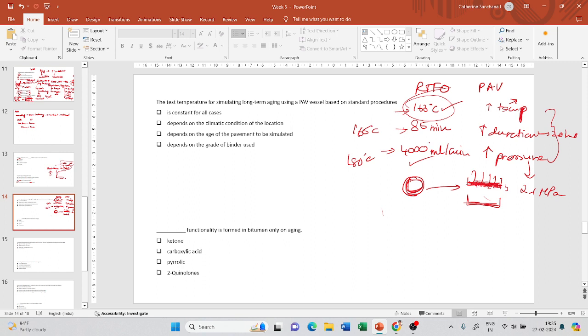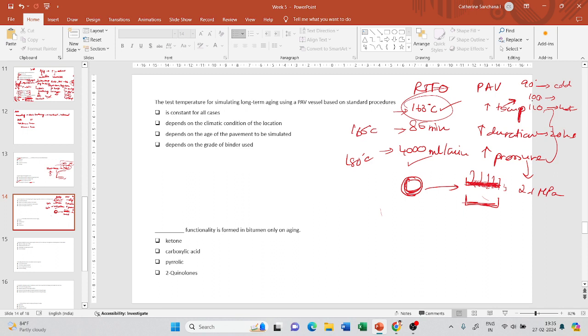Now leaving all that, coming to the pressure aging vessel. Here the temperature has to be representative of the field, right? So what they did is 90 degrees for cold climates, 100 for normal climates, and 110 degrees Celsius for hot regions. This is how they wanted to set the temperature for the pressure aging vessel.